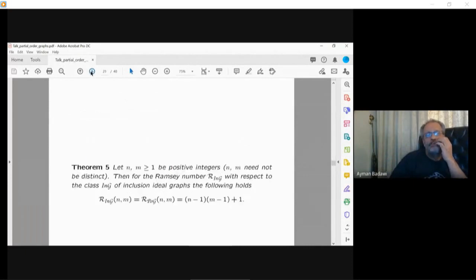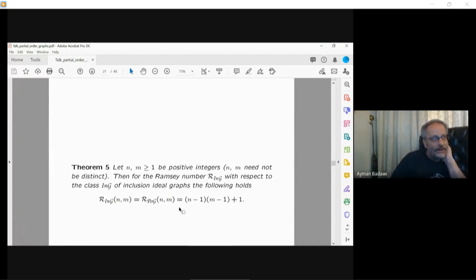And it turns out that this graph, as you see, satisfies the same number. But you have to give a proof. You cannot say that because it is a partial order, then it should have this number. No, that would be an invalid proof, because remember the Ramsey number we calculated was for all partial order graphs.